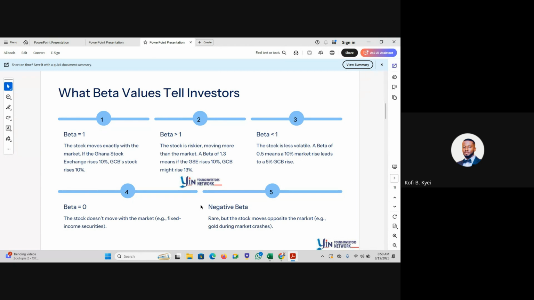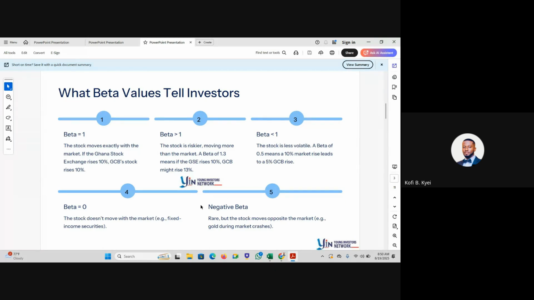So we want a situation where when you meet the investor, you're able to pinpoint the reason why the beta is high. For example, if you're asked why GCB is 1.4, you can easily say, I checked the market returns over the last 5 years, and that is why the beta is so high.